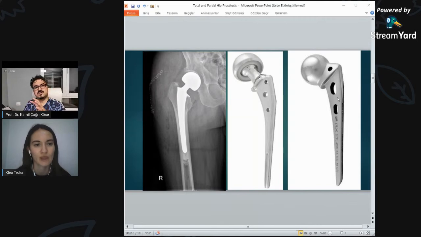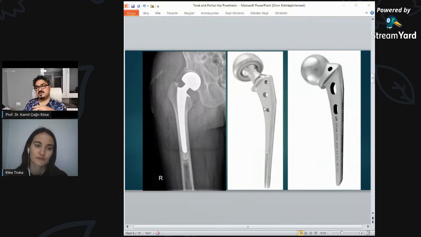The first generations of these prostheses are mostly cemented prostheses. So we insert this into bone with the help of bone cement and wait for like 5 to 10 minutes, depending on the type of bone cement. And then when the cement sets, we put the head into the acetabulum.